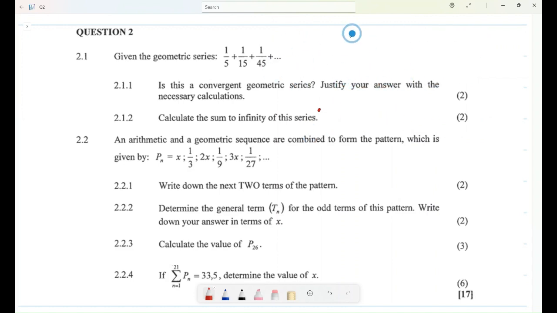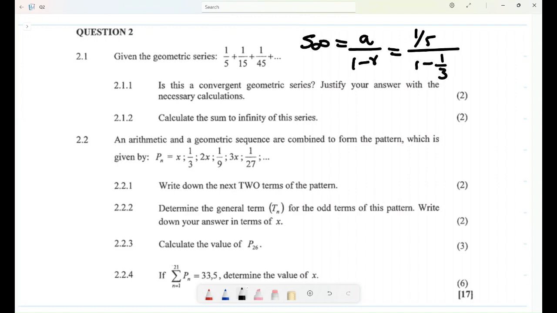2.1.2 says calculate the sum to infinity. Remember, the sum to infinity you can only calculate if you have a converging series, right? So we know the sum to infinity is a divided by 1 minus r. What is a? a is our first term, 1/5, all divided by 1 minus 1/3.